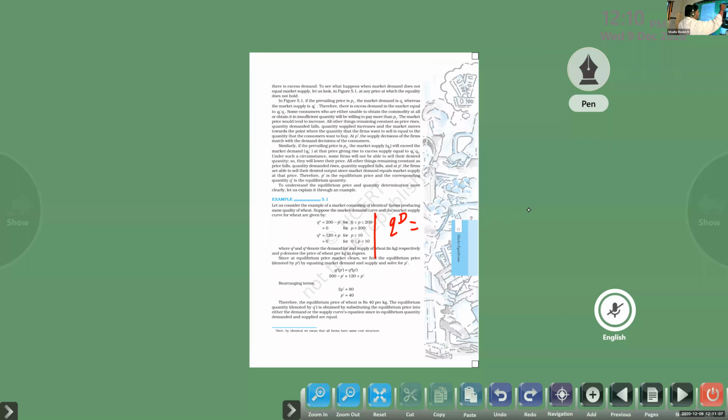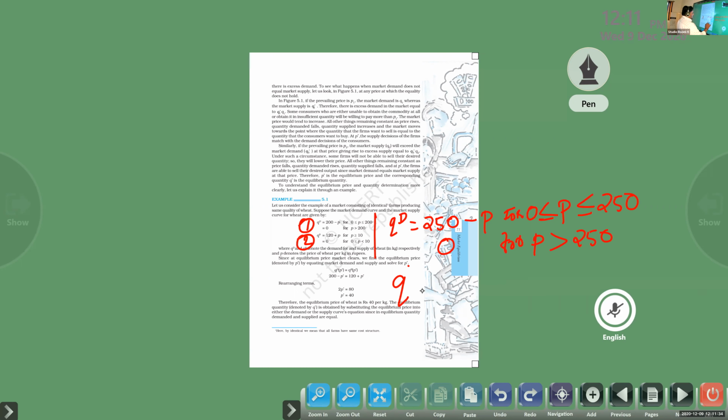That is for P greater than or equal to 0 and less than or equal to 250, and 0 for P greater than 250, first set. Coming to the next set, the second one, this is 1, this is 2, that is QD.